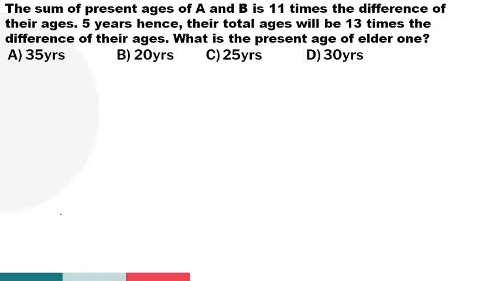What is the present age of the elder one? Very good question. What is the answer, guys? Anyone? I am explaining for clarity, so if you have any confusions, ask, no issue.